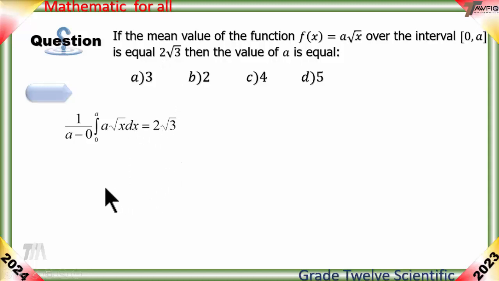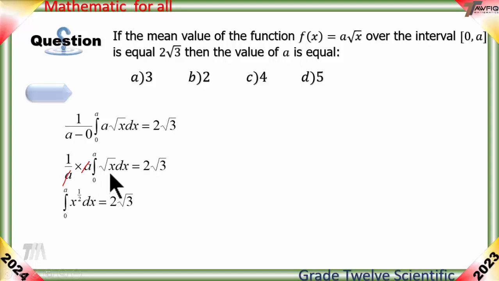And now, taking the 1 over a outside of the integral and simplifying, it becomes 1 over a times a, cancelling a with a, so it remains the integration from 0 to a.